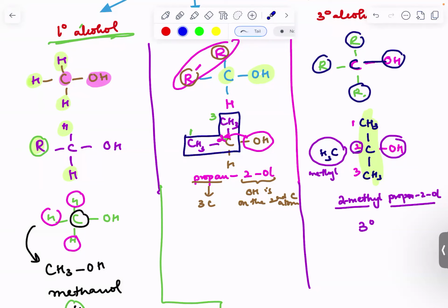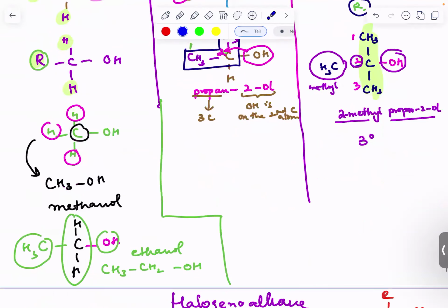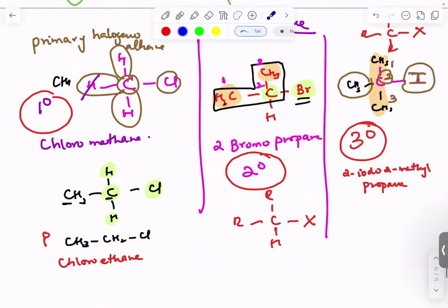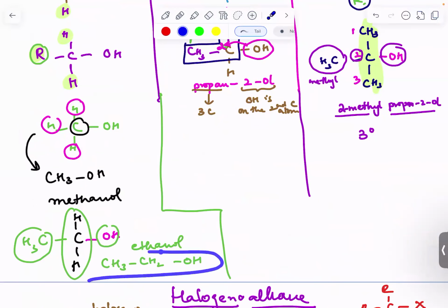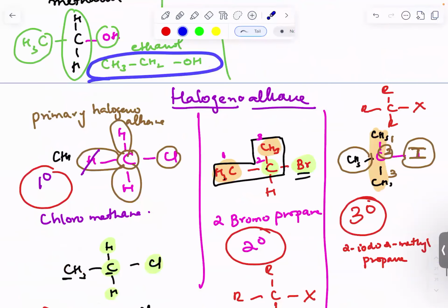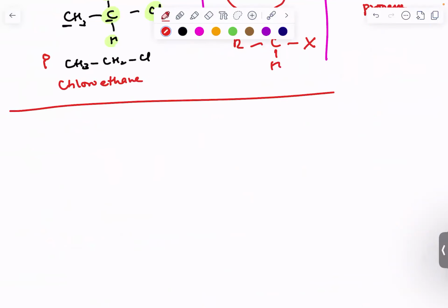Keep this in mind, beta: if it comes in the exam, you need to write it in this way. It will be easier for you to explain it in these ways. Now, this was something about the primary and secondary thing.